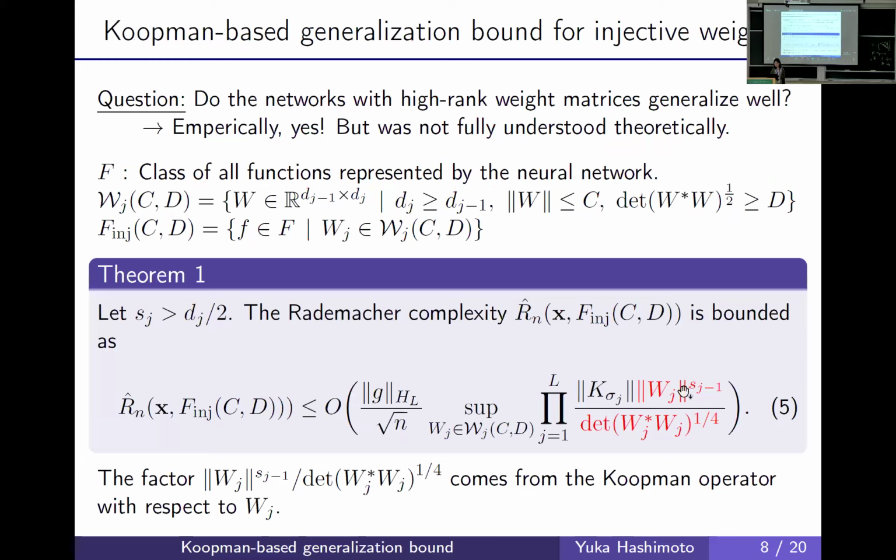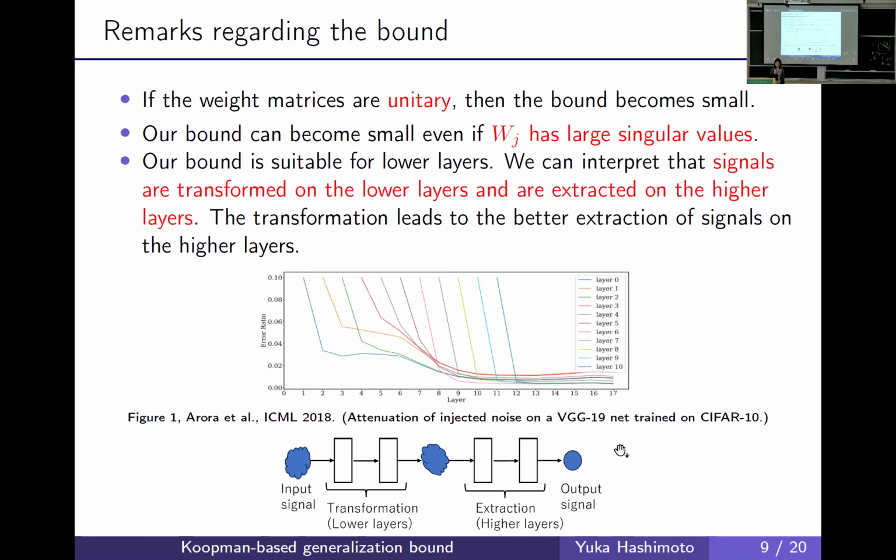Because if Wj is unitary, then the red part becomes 1. So it is the smallest value of this bound. And also, as I said, the bound can become small even if the weight matrix has large singular values.